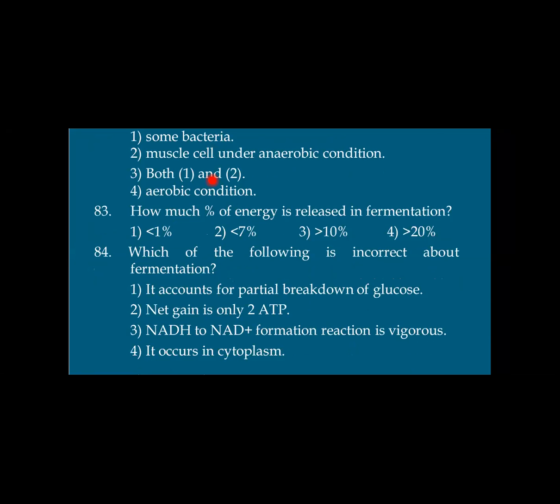Question number 83. How much percentage of energy is released in fermentation? Fermentation means anaerobic respiration. How much percentage? The efficiency of fermentation is less than 7% of aerobic respiration. How can you say less than 7%? Because in aerobic respiration, if you recall the reaction, 686 kilocalories are liberated for 1 molecule of glucose, whereas for alcohol fermentation, only 59 kilocalories are liberated.